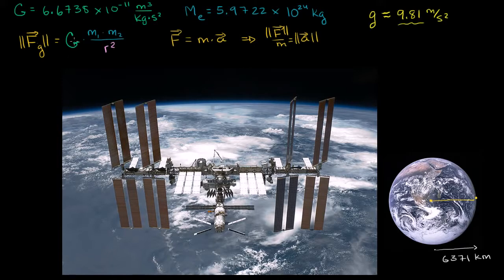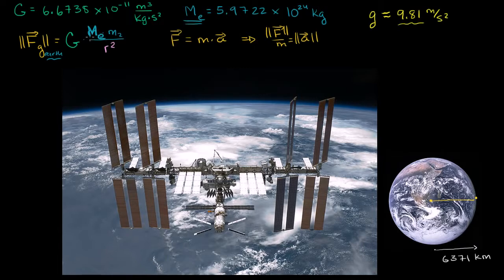So if you want the acceleration due to gravity, let's write this in terms of the magnitude of the force of gravity on Earth. One of these masses is going to be Earth, this mass right over here.